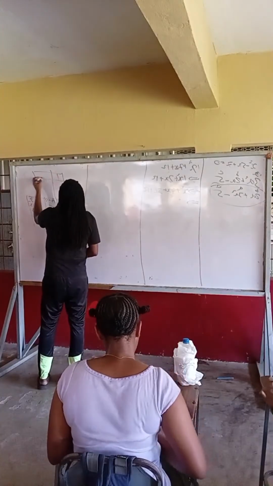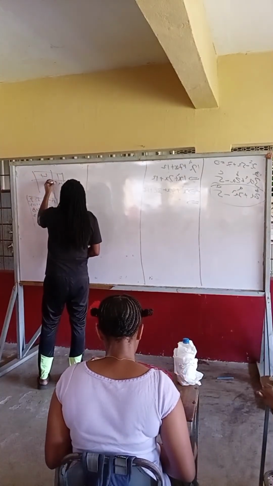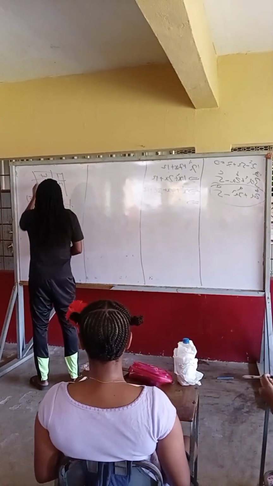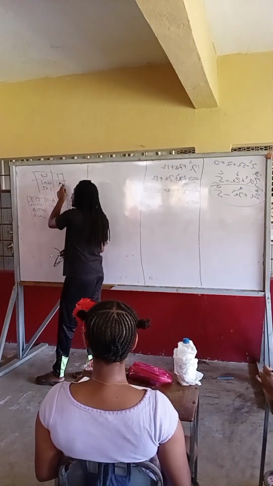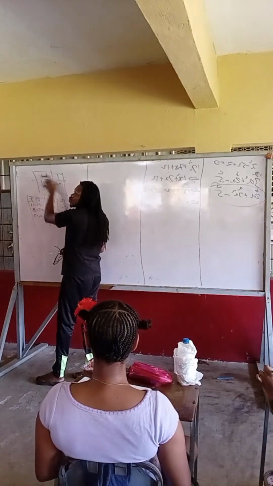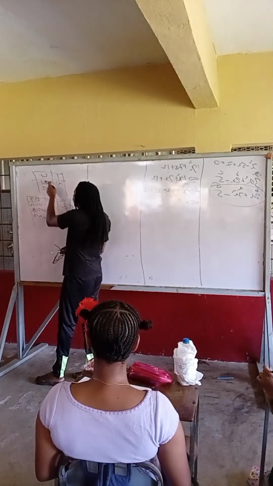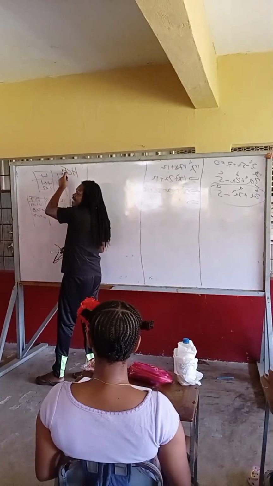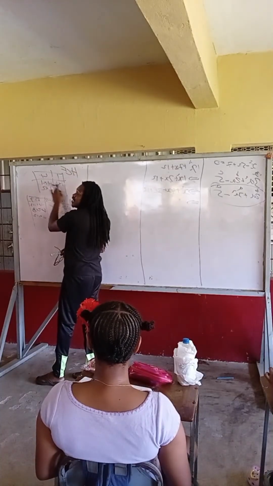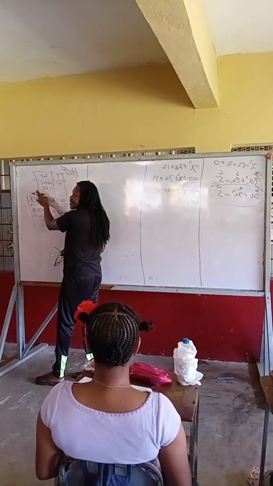You have number 1, I have number 4. 1 times 1, that's the only thing 1 can be. Then you have 4 times 1, I have 2 times 2. Alright, 1 is here, 1 is here. That means I must use 1. 2 is here, no 2 here. 4 is here, no 4 here. You look for the HCF, highest common factor, which means that it must be in the 2 spaces. Everybody understand that? Yes, sir.